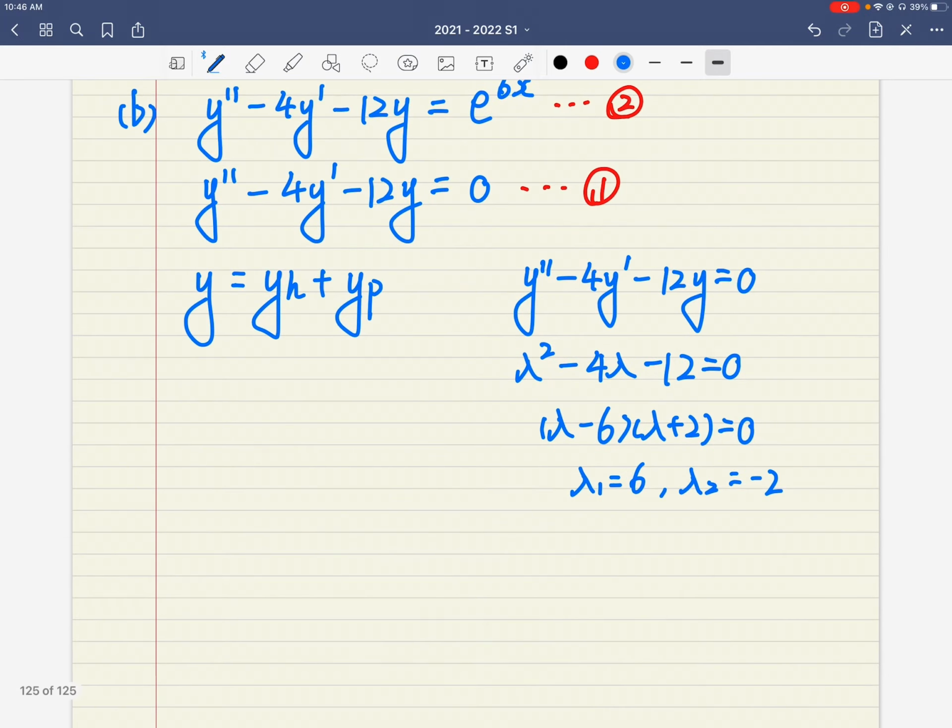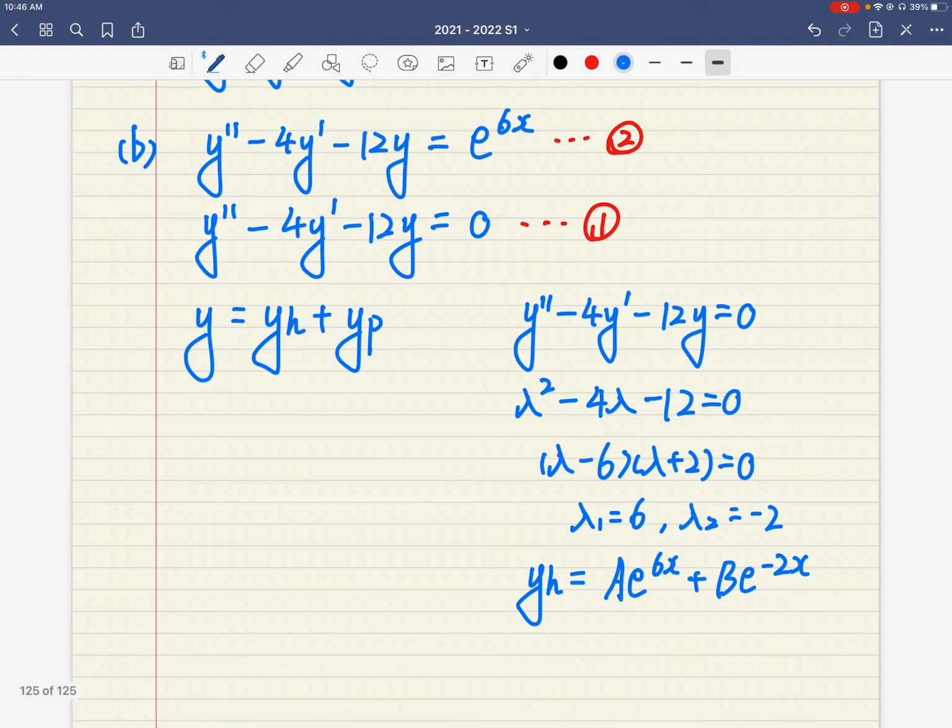So the general solution for the homogeneous equation is a e to the power of 6x plus b e to the power of negative 2x. So that's the first part.